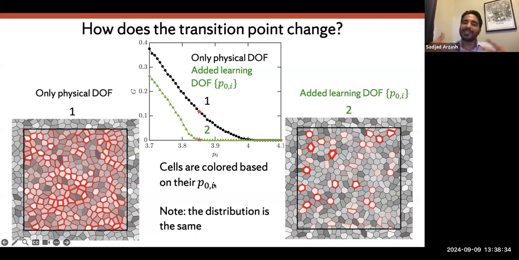And on the right, basically the system smartly got rid of that cluster by just tuning where these P0 values are. They basically got rid of this large spanning cluster. And that's why the system is floppy, although we have these local edge tensions as well.